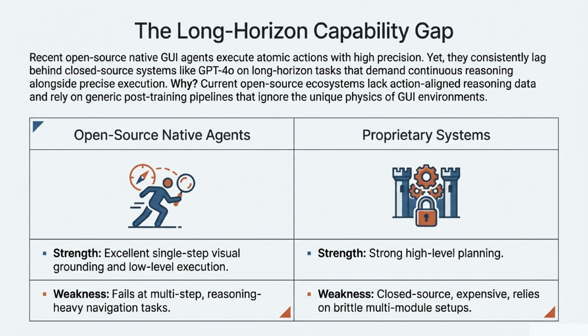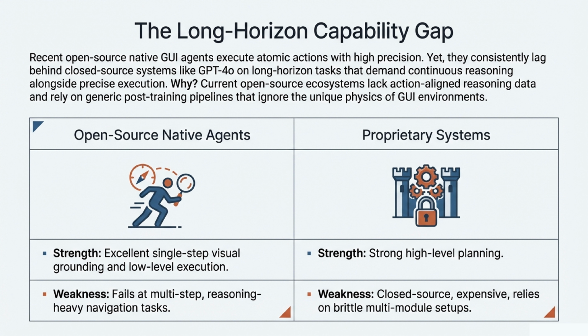Let's look at the current landscape. There's what we call a long-horizon capability gap. Currently, open-source native agents are fantastic at executing single atomic actions with great visual grounding and high precision. However, they really struggle and fail when it comes to multi-step, reasoning-heavy navigation tasks.